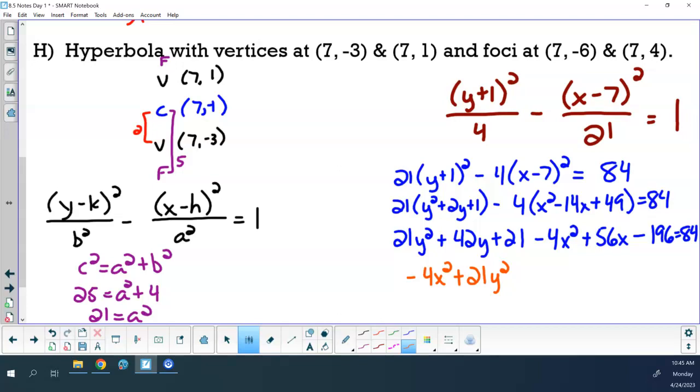And then plus 56x plus 42y, positive 21 minus 84 is negative 105, negative 201, negative 3. Still a hyperbola, even though there's not a subtraction sign, because one of the coefficients is negative.